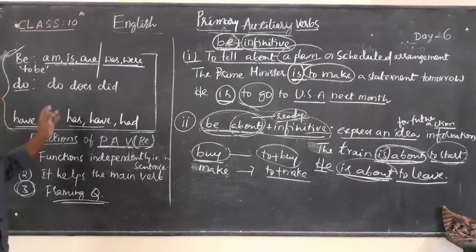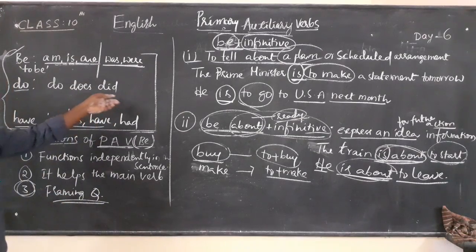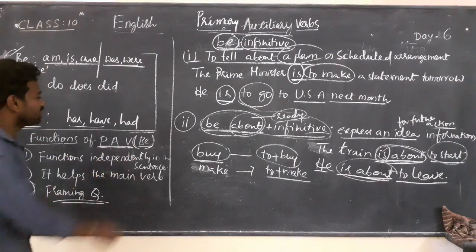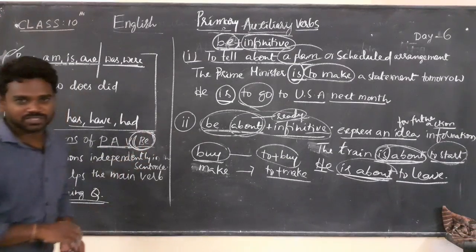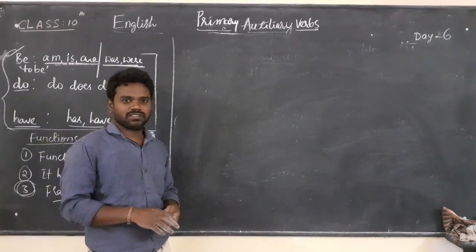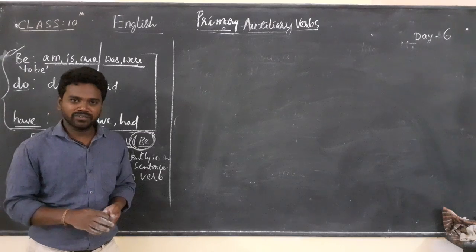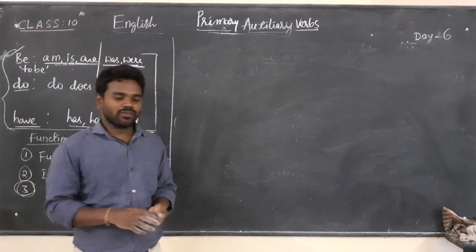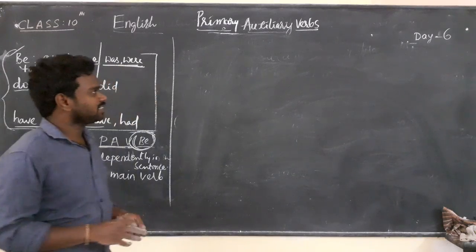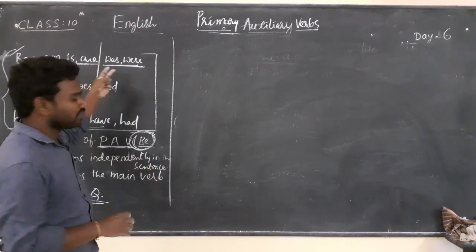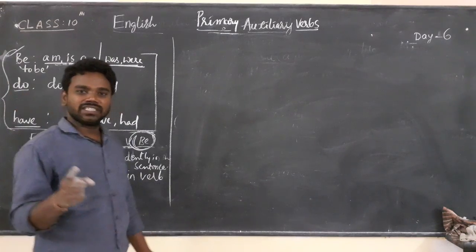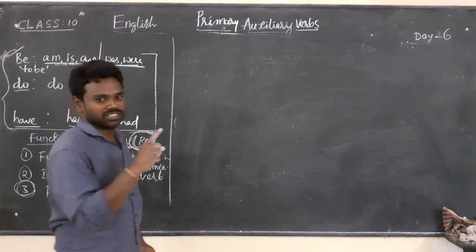So these are the main functions of primary auxiliary verbs, that are be forms. For every sentence there is affirmative, negative, and questions. Let us see in terms of be forms what affirmative sentences, negative sentences, and questions are.